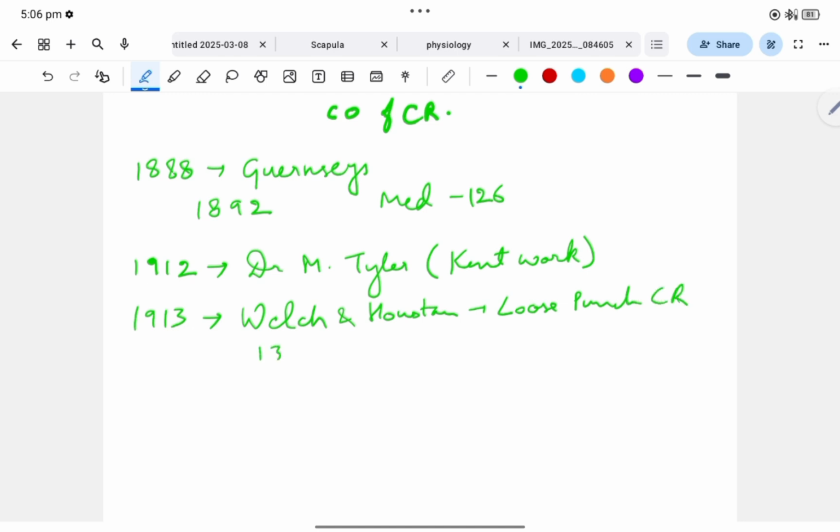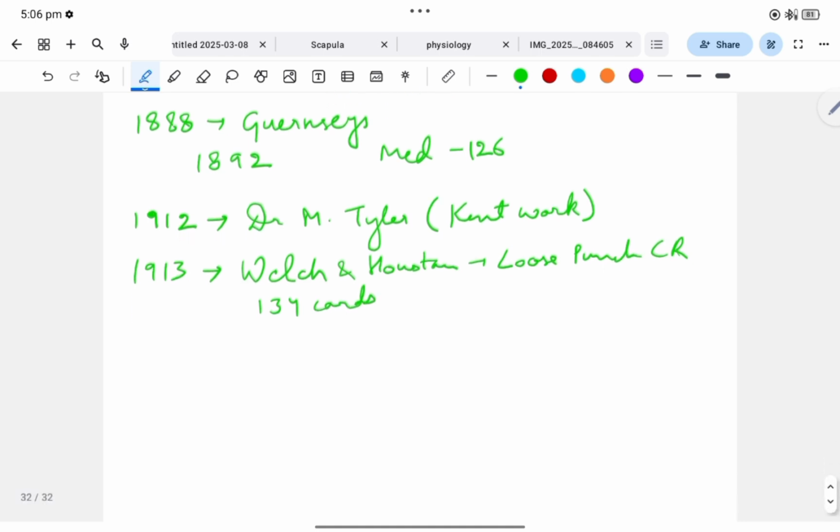Total number of cards in this 134 cards. Then in 1922 came a card repertory by Dr. Field. It has 6,800 cards.